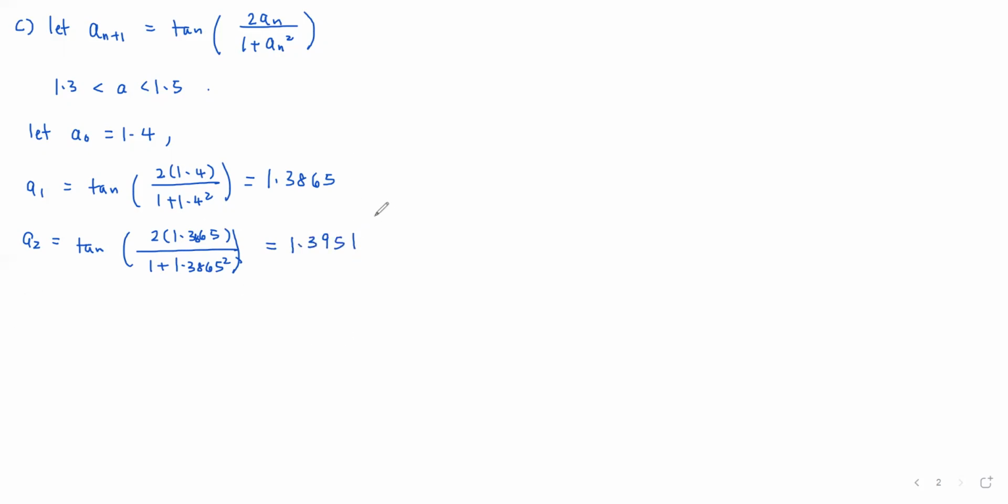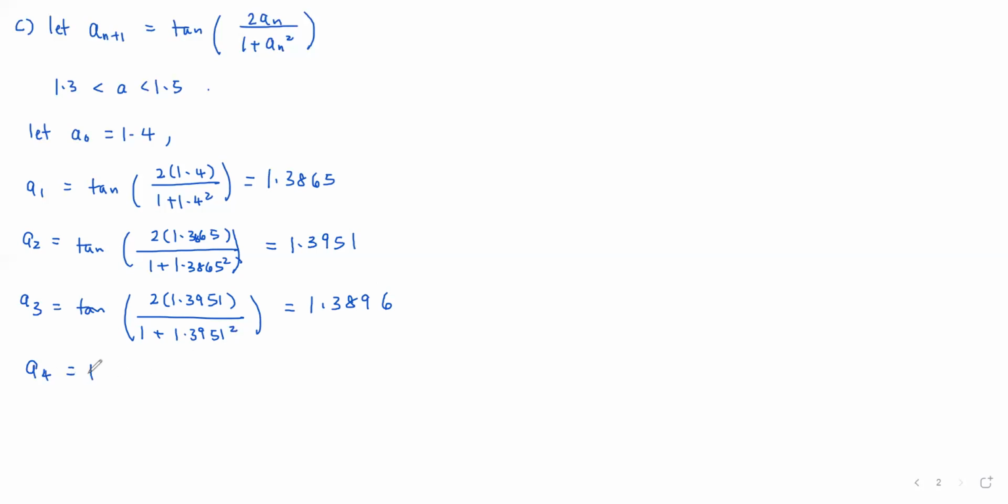But this doesn't converge yet. So for A sub 3, we continue on. We have 1.3951 and then 1.3951 squared, and we get 1.3896.